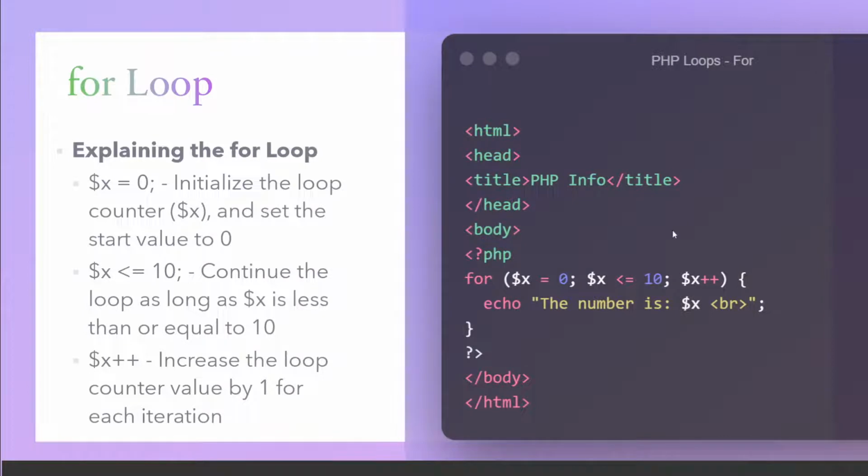If we look at my for loop here, I have 3 parts, 1, 2, 3. The first one here is my starting point, where I'm starting from. This is what I call my initialization. So I'm creating this variable x at 0, and that's where I'm starting from. So I'm starting at 0 in this example here.